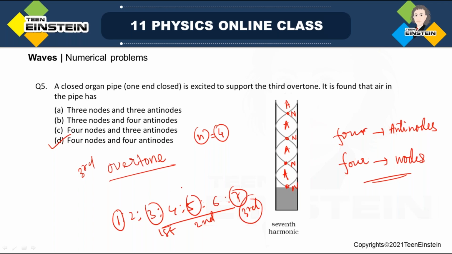Whereas in case of open pipe, this is the fundamental, this is the first, this is the second, and this is the third. The fourth harmonic will be the third overtone. So those things you have to remember.